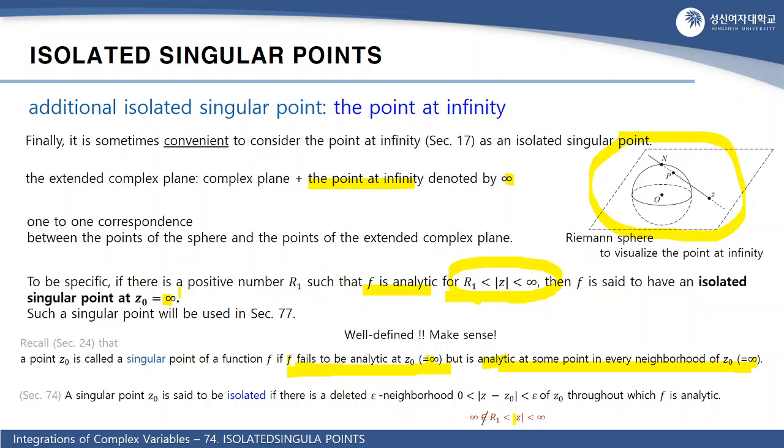In our case, we consider this region, then the point at infinity is not included in this region because we exclude it by the inequality. This means that this region is a deleted epsilon neighborhood that does not contain infinity.